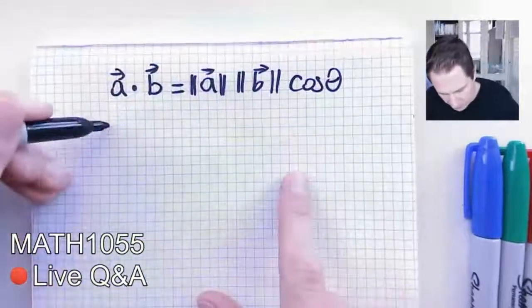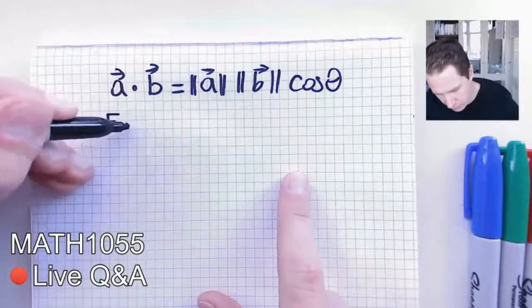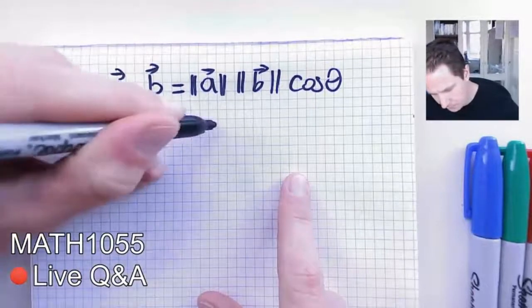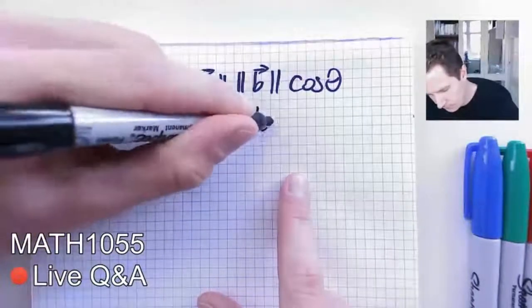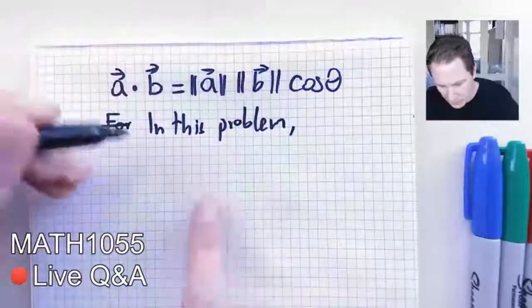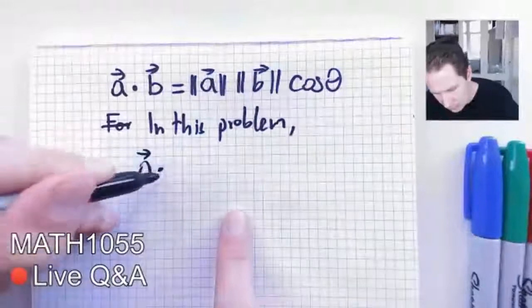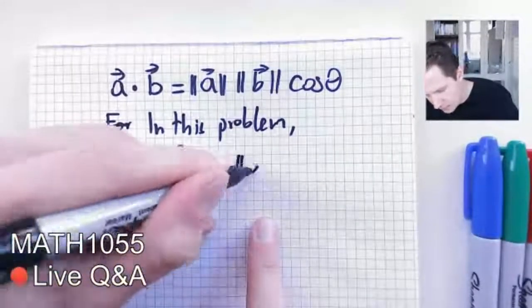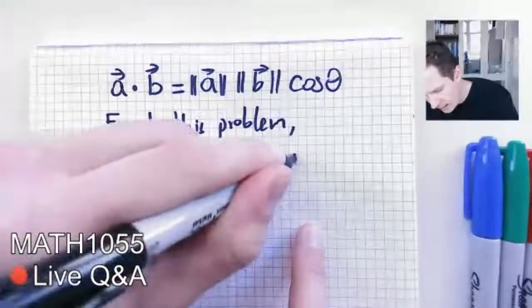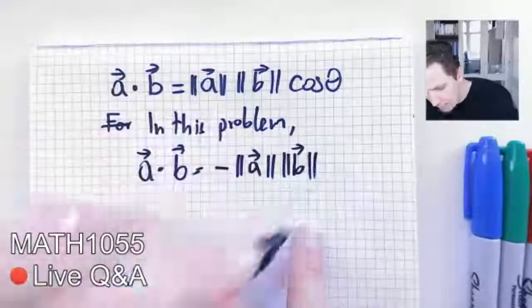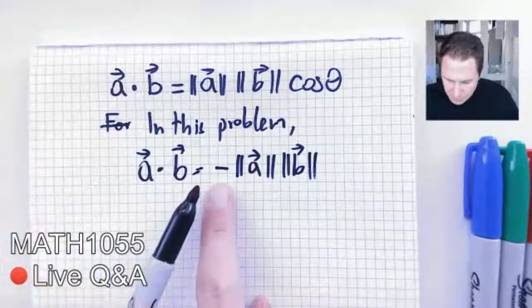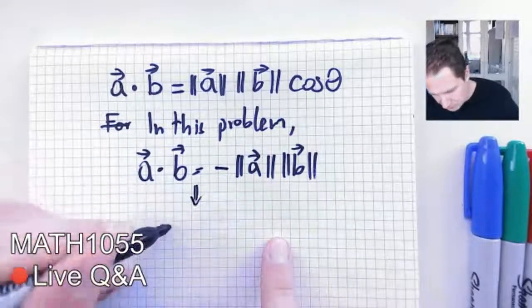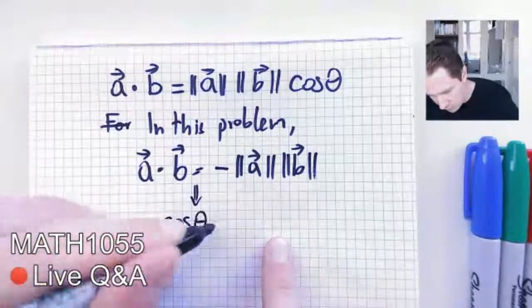And in this problem, we had A and B such that the scalar product was minus the product of the lengths of A and B, meaning that we must have the cosine of theta be minus 1.